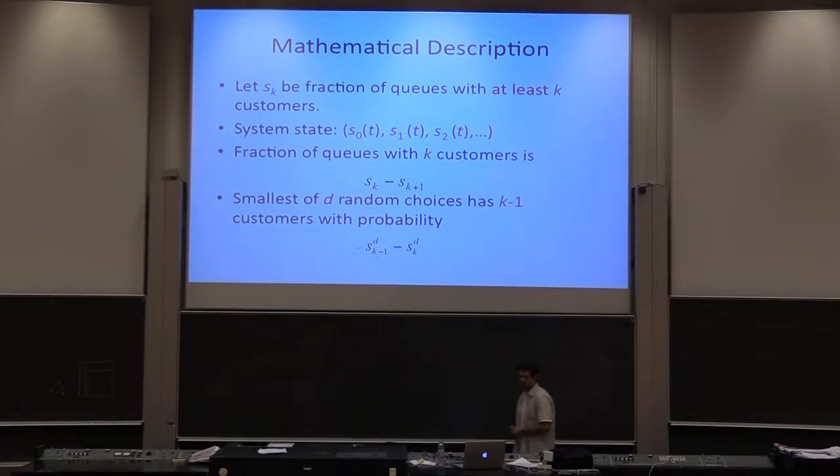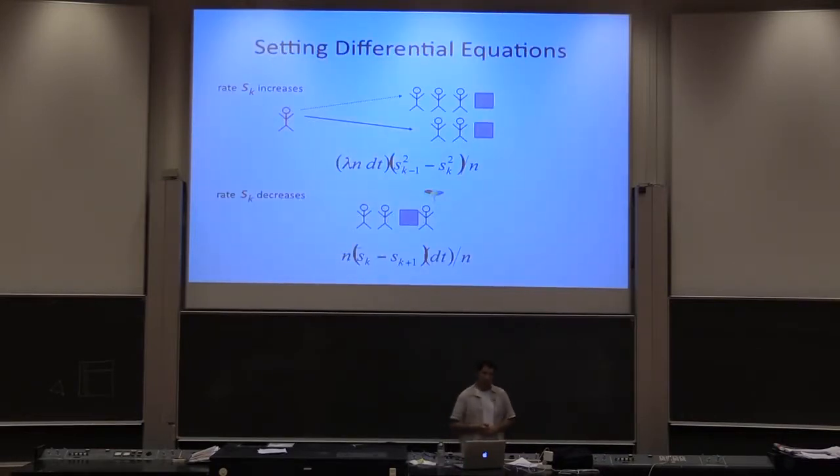So if I think of this system in equilibrium, over a small period of time, my arrival rate is lambda n. So over a small period of time, dt, the probability that I get an arrival is going to be lambda n dt.